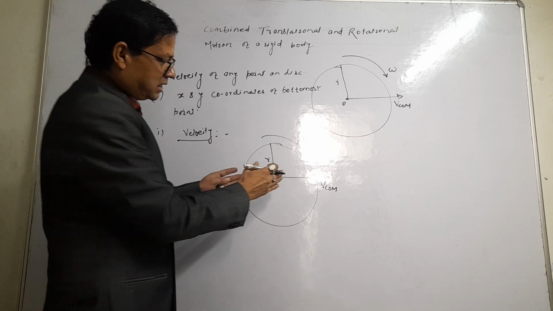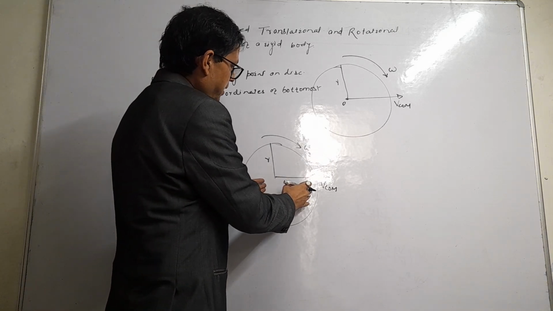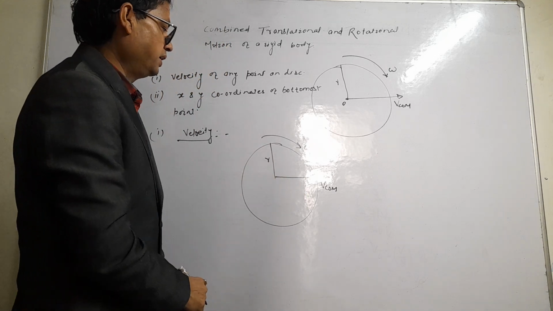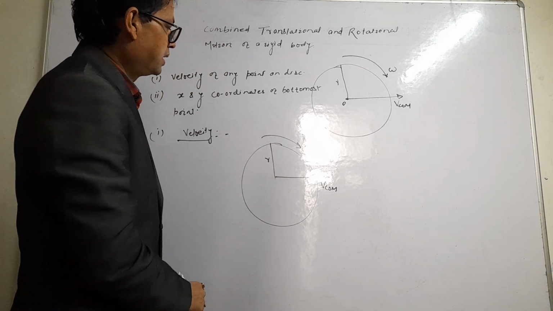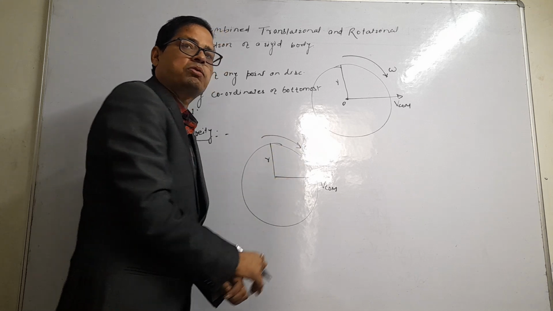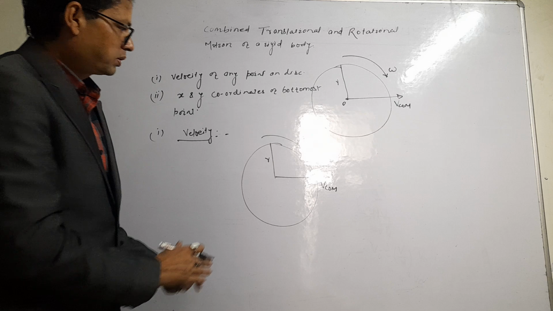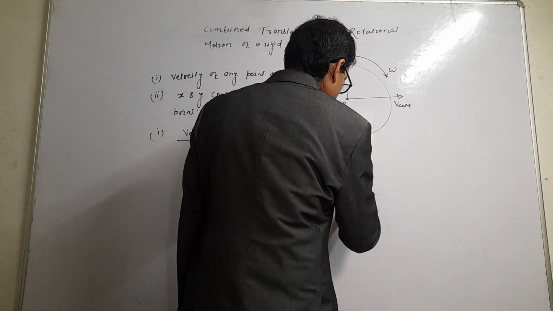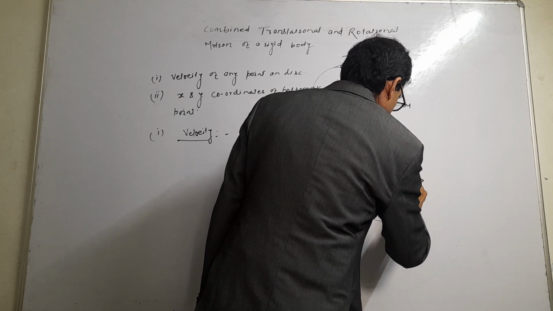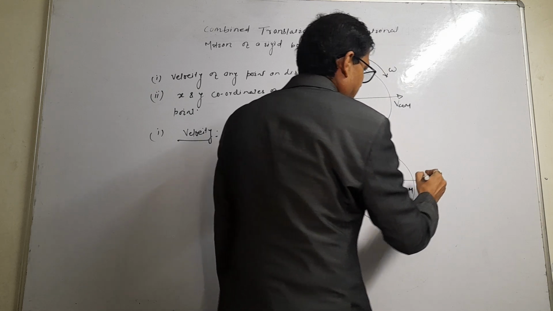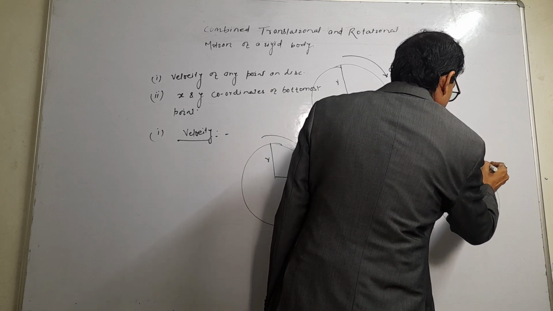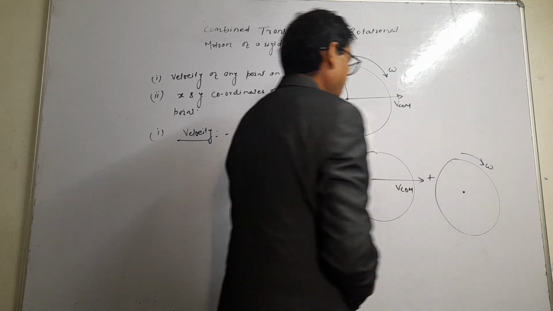Due to translational motion, every particle of this body has a linear speed v center of mass, and due to rotational motion its different parts have speed omega into r. So this motion can be treated as equivalent to the disk translating with a speed v center of mass, plus simultaneously rotating with angular speed omega about the center of mass.